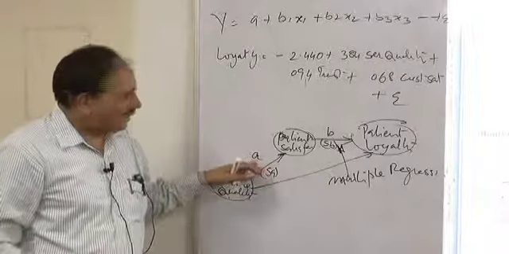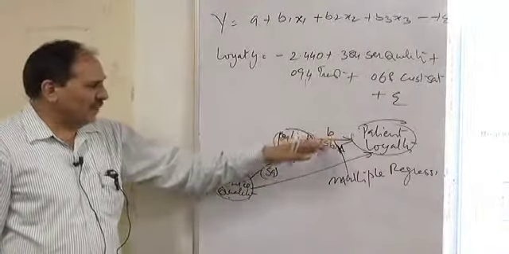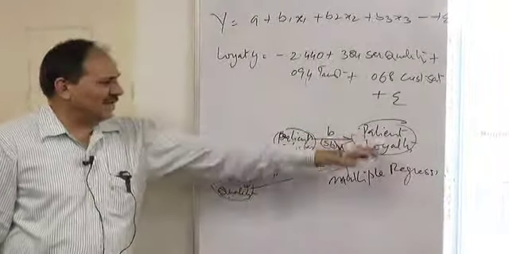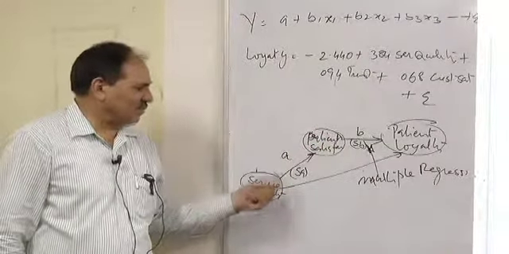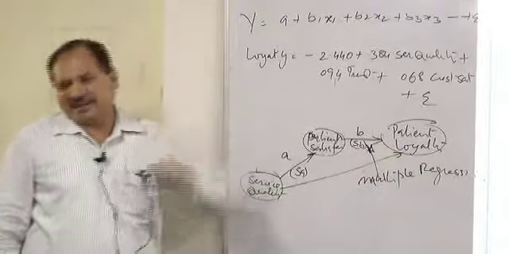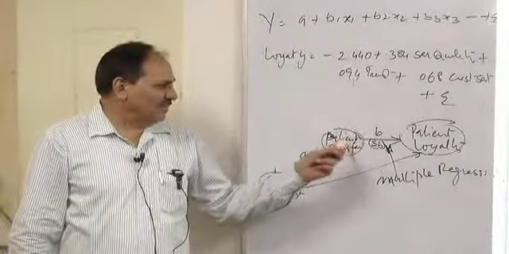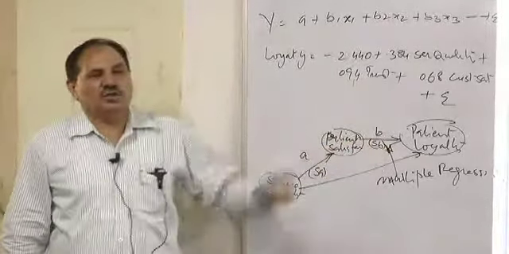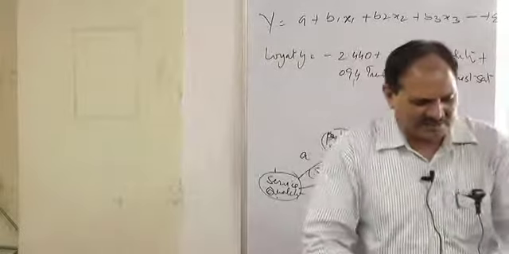So we need to compute the regression coefficient between service quality and patient satisfaction. We need to compute B, that would be patient satisfaction and patient loyalty, with service quality and patient loyalty. That means two independent variables, patient satisfaction and service quality, and patient loyalty as the dependent variable. We will be looking at only B of this, that is patient satisfaction and patient loyalty, and then use a formula to evaluate the interaction effect or the mediation effect.